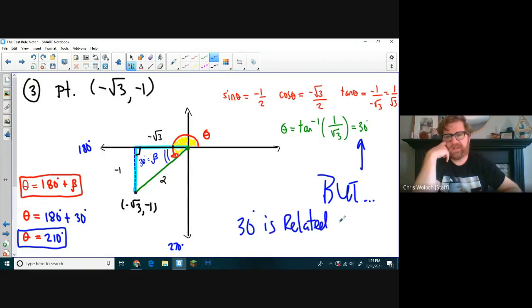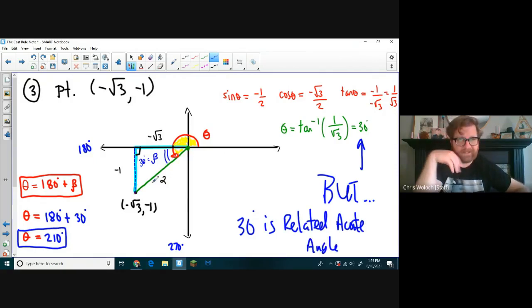So we use our knowledge of the graph in standard position, like this picture right here, and I say, oh, okay, well, 30 can't be correct because where's 30? 30 is here. I'm not in quadrant 1, I'm in quadrant 3. So in quadrant 3, if you use tan, you'll always get the related acute, and then you can just use this formula to figure it out. Okay?